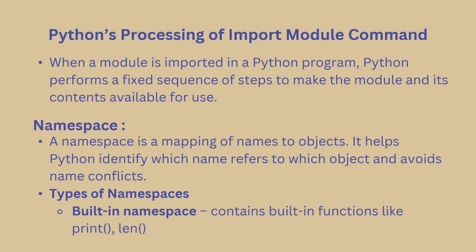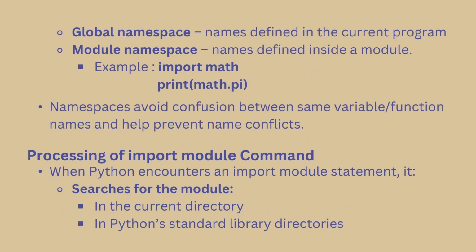So first is namespace. So what is a namespace? A namespace is a mapping of names to objects. It helps Python identify which name refers to which object and avoid name conflicts. Like when I import this particular math module, I say import math, and then I say math.pi, because pi is a part of this particular math module.